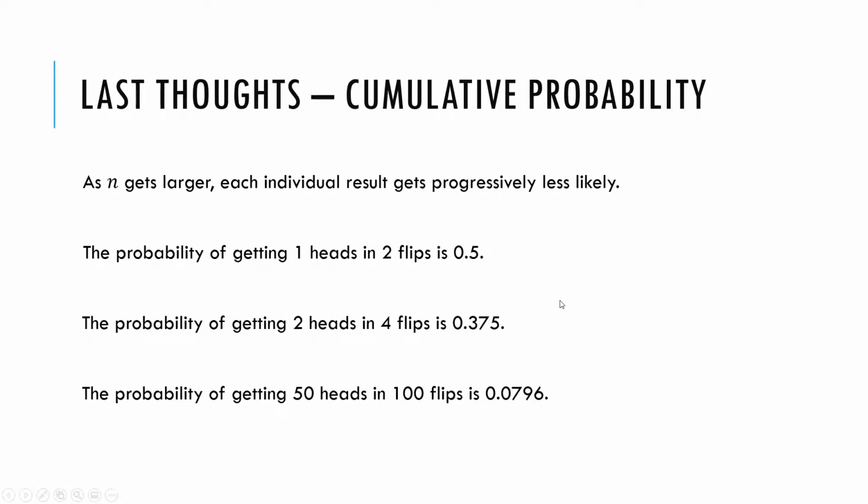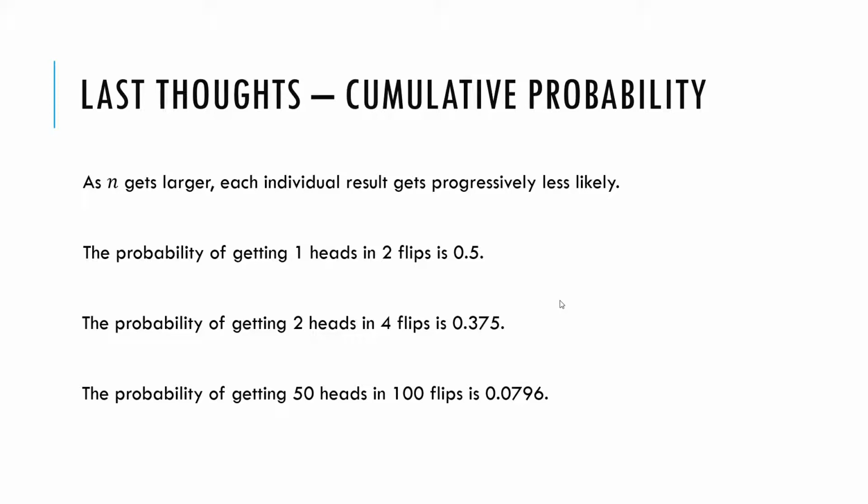All right. Last thoughts. Let's talk just a little bit about cumulative probability, and this will round us out here. Quick, hard fact here. The higher n gets, each individual result is going to get progressively less likely, even if it's the most likely thing, right? So if I flip a coin twice, the mean result is I get one heads, one tails. That's the expected value. That happens 50% of the time.